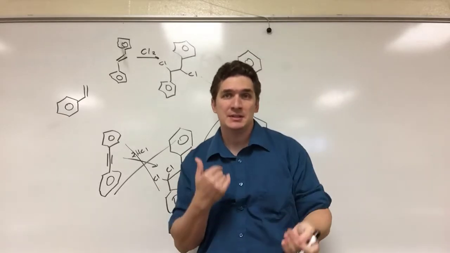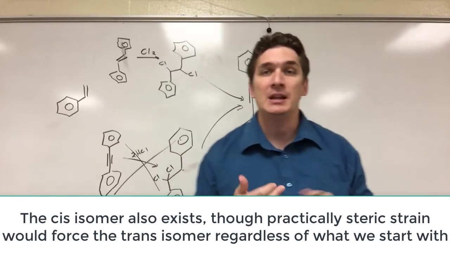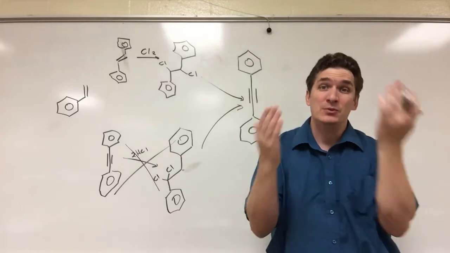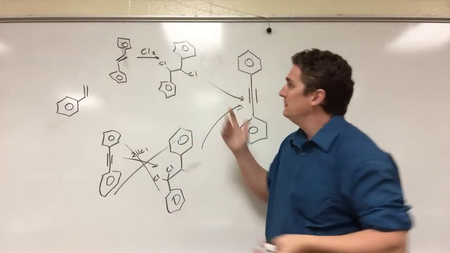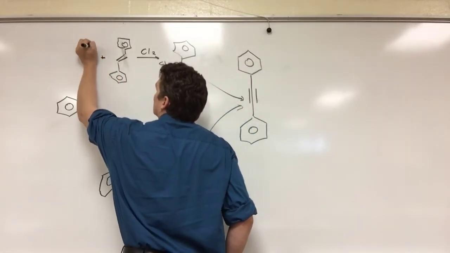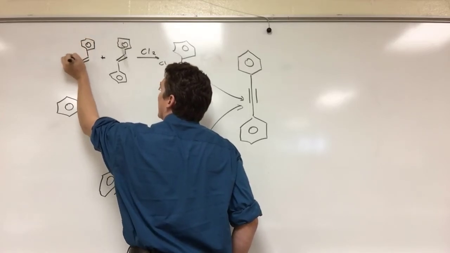Now, there's also the cis isomer. What I've drawn there is the trans isomer. The reason why I don't think you'd really produce the cis isomer by any previous step is that that would put two very large phenyl groups side by side. It's not likely, but in full disclosure, you probably had that as well.